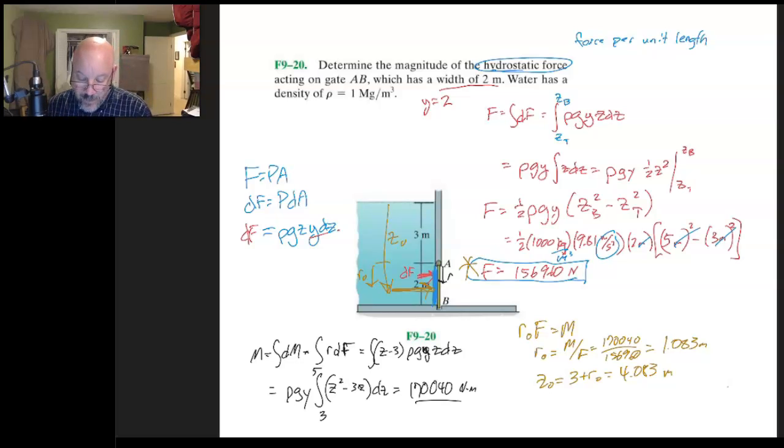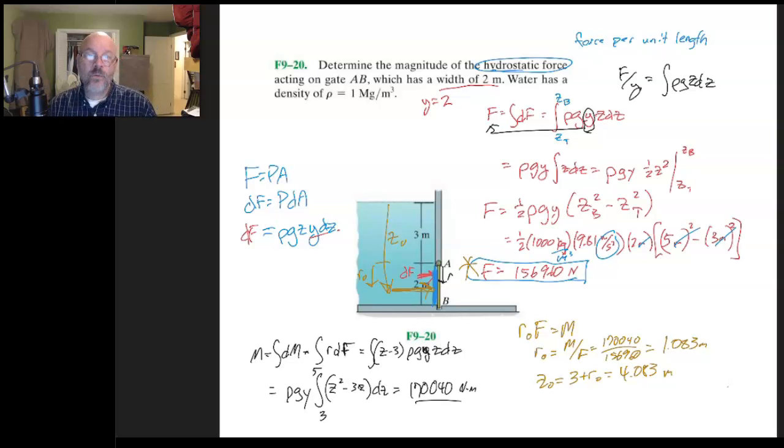Now, when they're doing that, what they're saying they want you to do is take this guy right here and move it over there. So you're going to end up with F over Y, and that's going to be your rho g z dz.